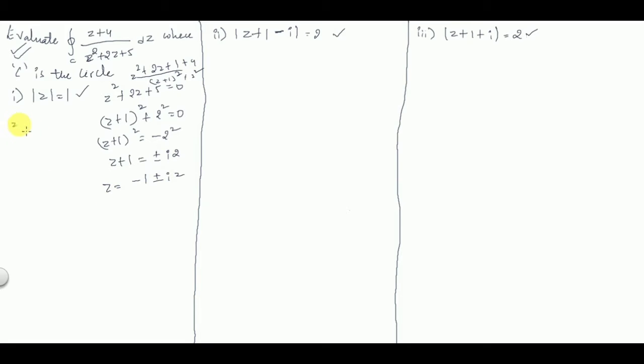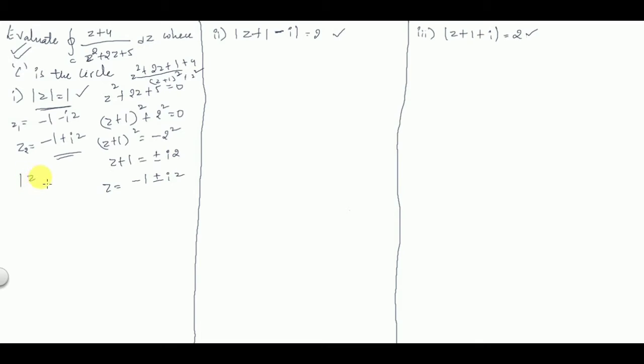Right, so z = -1 - 2i is one singularity, and z = -1 + 2i is the other singularity. Now we have two singularities z1 and z2, so we have to check whether these are inside this circle first.